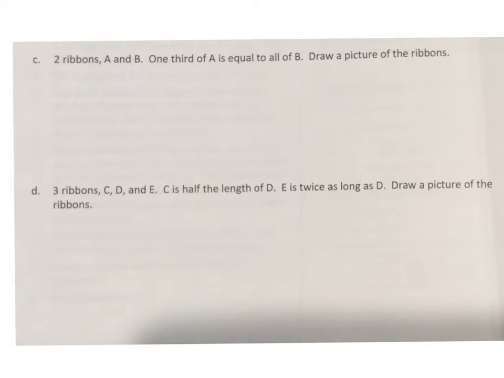Okay, question number 1C tells you this time you need to draw 2 ribbons. One ribbon is going to be called ribbon A, and one ribbon is going to be called ribbon B. It tells you that 1/3 of A is equal to all of B. So, we can draw ribbon A. Just label it.